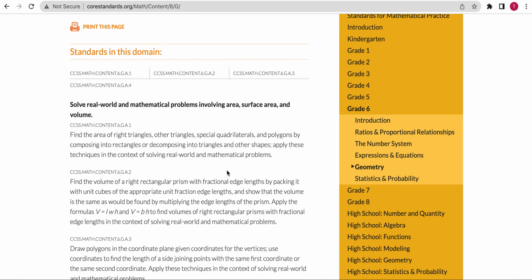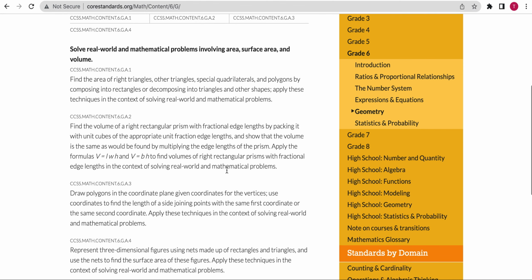And if we look at the Common Core math standards, these are pretty much the same. We're finding the area of special quadrilaterals, composing it into rectangles, decomposing into triangles or other shapes.